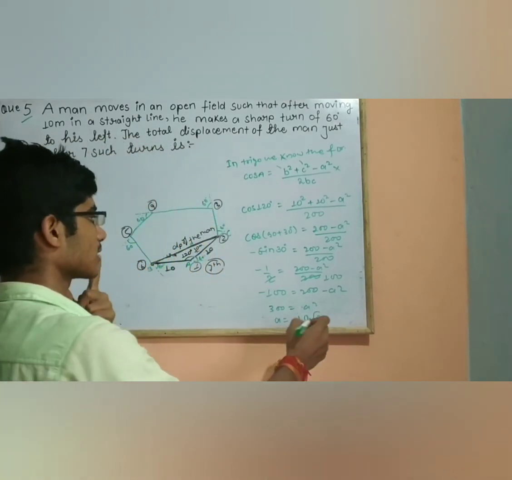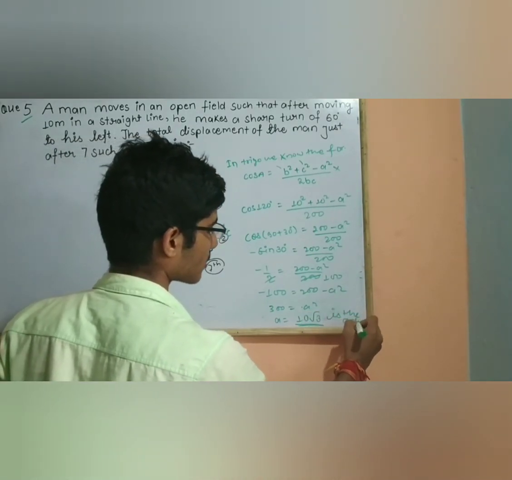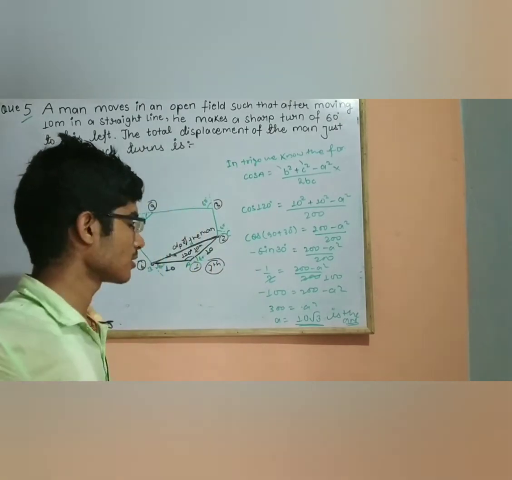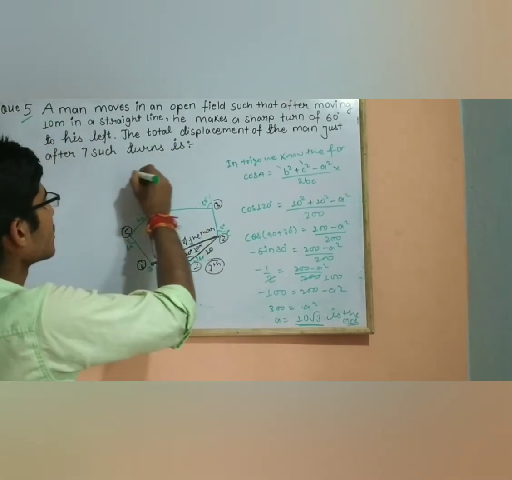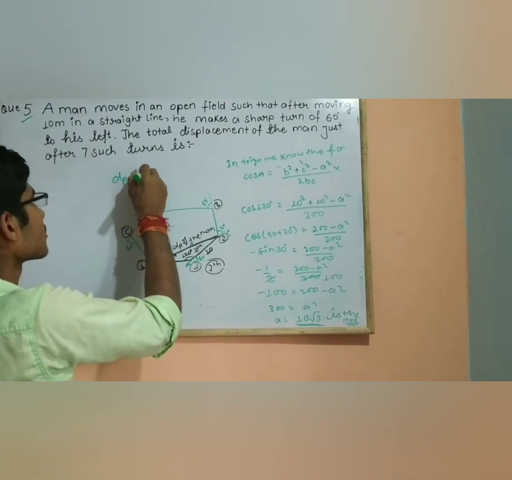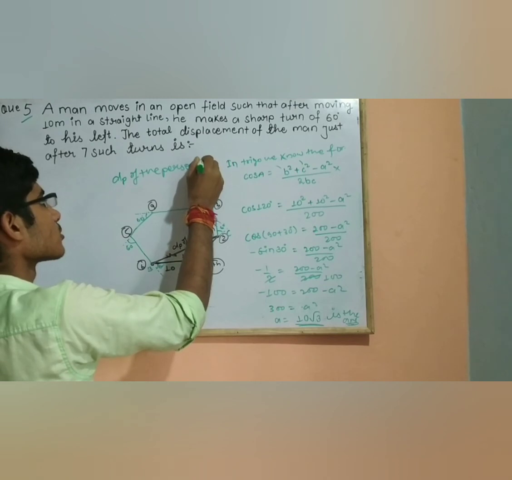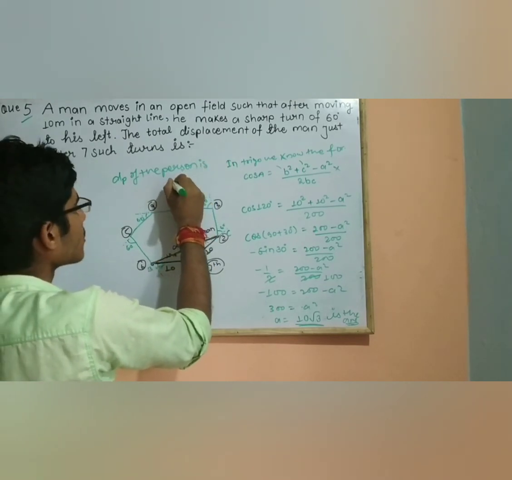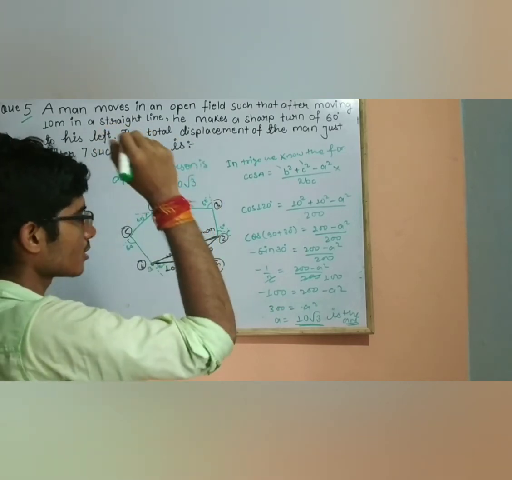So the displacement of the person is 10 root 3 meters.